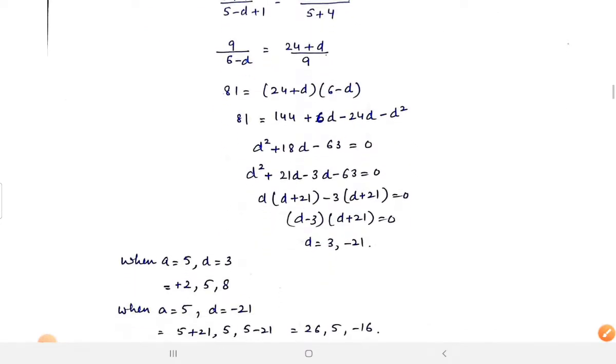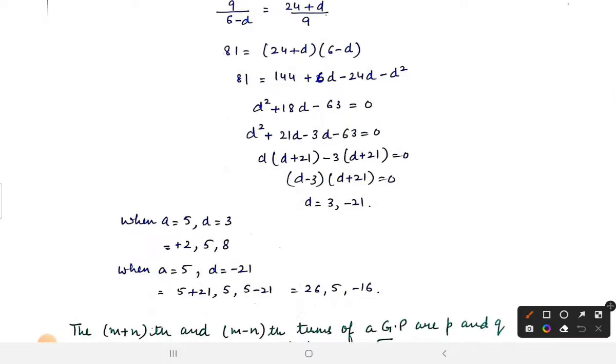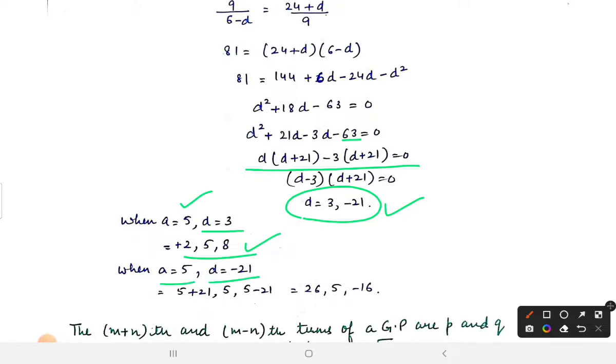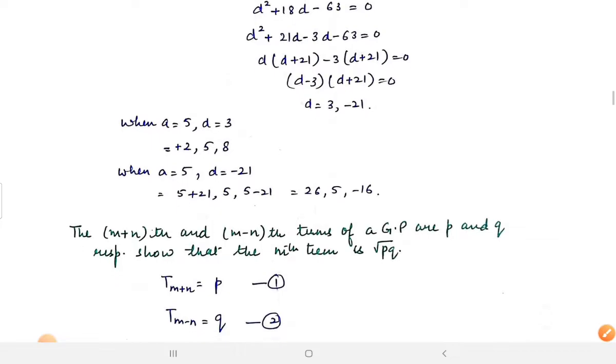Factorize this and we get D as 3 and minus 21. When D is 3 and A is 5, the numbers are 2, 5, 8. And when A is 5 and D is minus 21, the numbers are 26, 5 and minus 16.